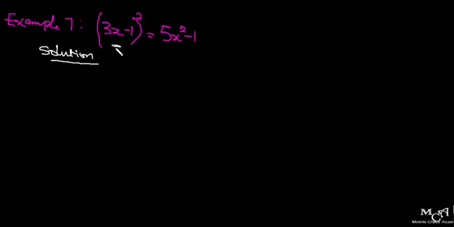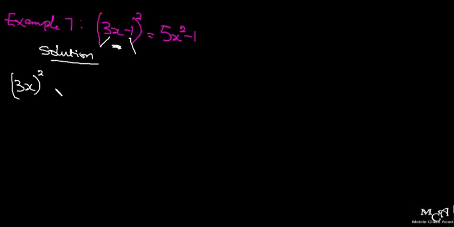And what's example 7? Example 7 is bracket 3x minus 1 squared equals 5x squared minus 1. Solution. This is a perfect square, and we know what to do. First term 3x, minus 1 is second term. So we square our first term, that is 3x squared.